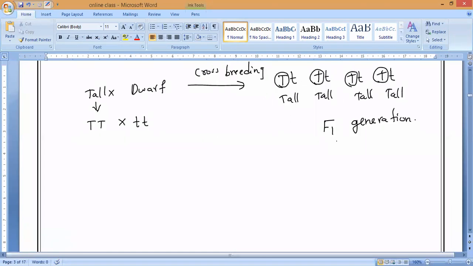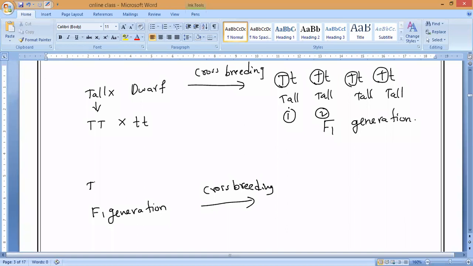Now if you choose any two, let me take these as 1 and 2. Now these two I am going to cross. That is the F1 generation cross. So you take capital T, small t and capital T, small t. What generations will we get?